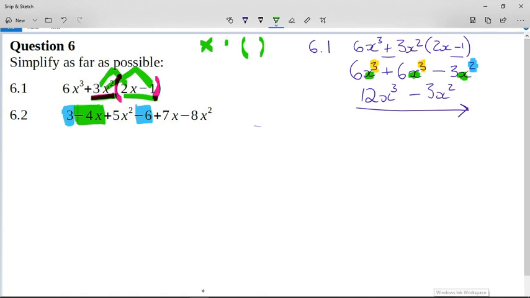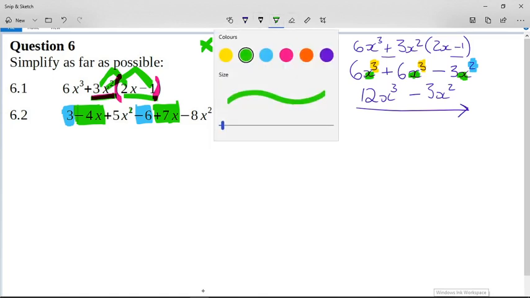Now there's an x, but it's squared, and like terms must have the same power, so I'm going to ignore this fellow. Let's go on. The minus 6 belongs with the 3. Now I've got plus 7x, okay, because we need the sign, the coefficient, and the variable. So this one is fine to belong with the negative 4x because it's also only got x, not x squared, and the last one is x squared, so it doesn't belong.